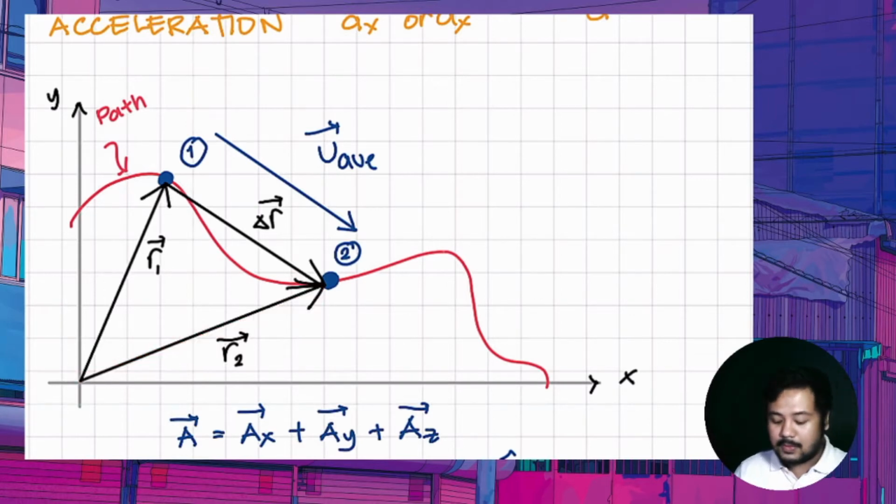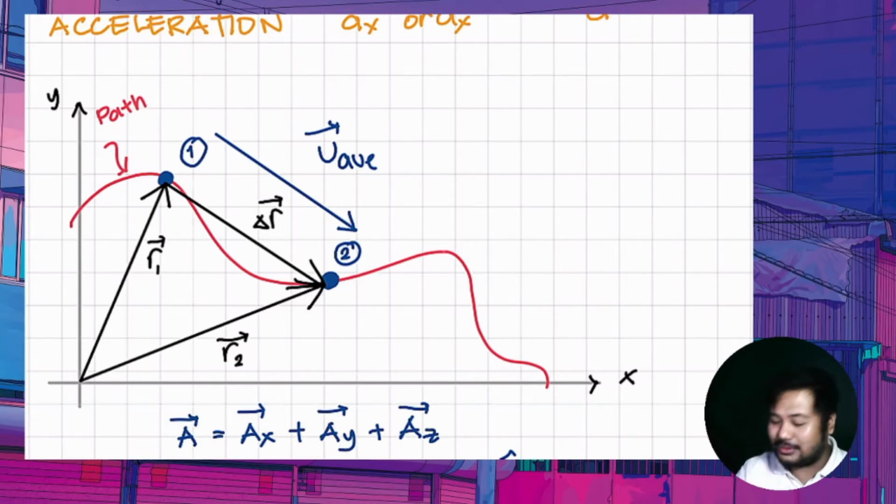Now take notice that our positions don't just have the x component or the y component anymore. As you can see, the x and y components are pulled together at an instance at this point 1. You have position along the x, and then you also have position along the y axis, as well as with your R2. Hence, we have to take note of these positions.